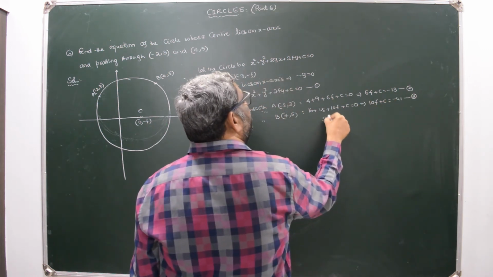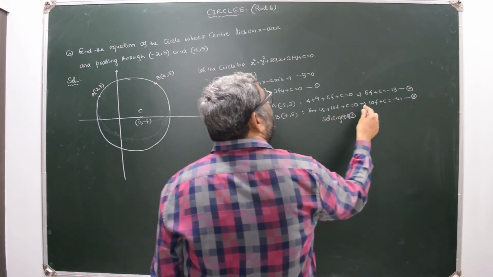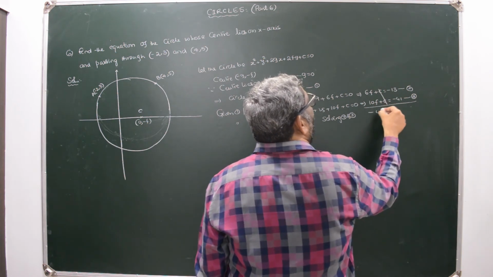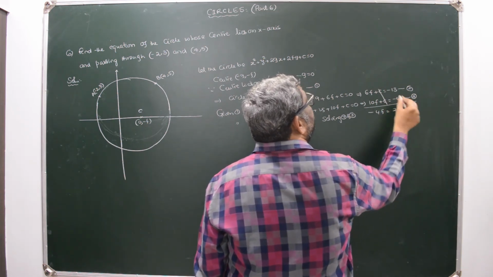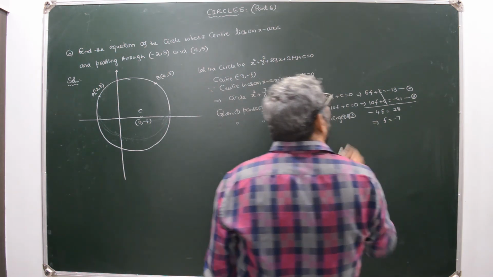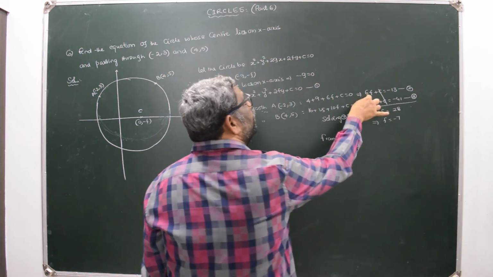Solving 2 and 3. Subtract. Minus 4f is equal to 28. F is equal to minus 7. From 2, f equal to minus 7.